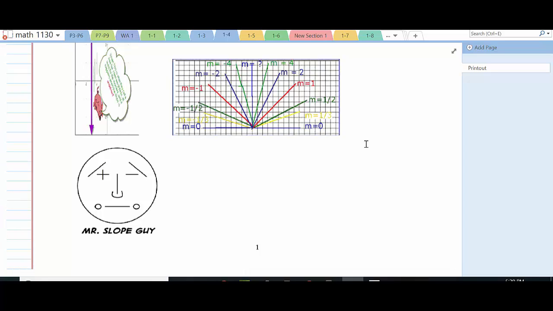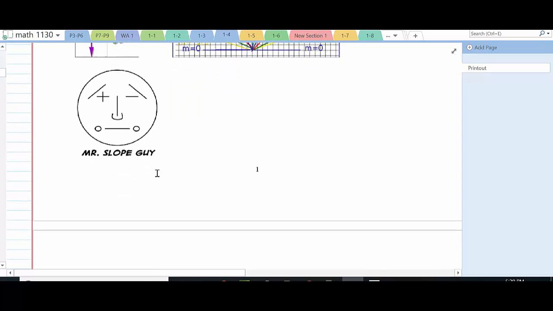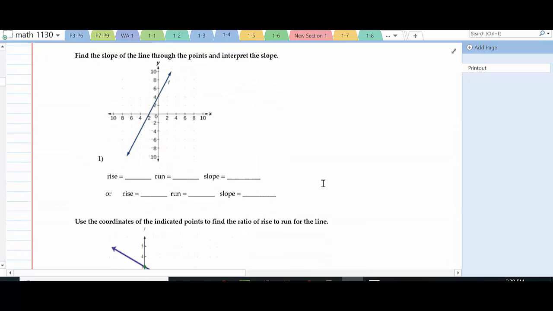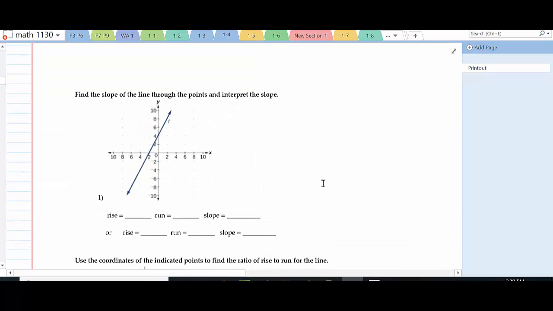That means undefined. And then the guy's mouth is level, so that's a zero slope. That's clever. I could have never come up with that. Some teachers come up with clever stuff. So you can use that if you want to, Mr. Slope Guy.